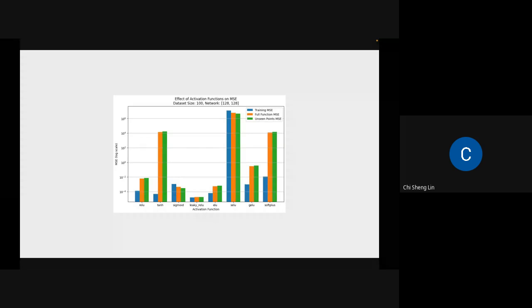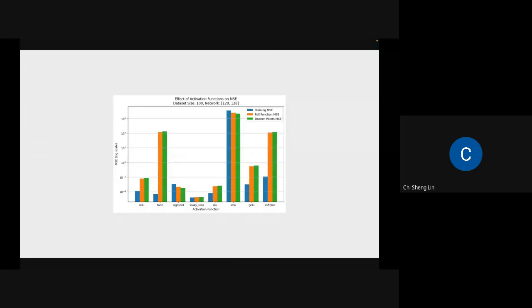And others are catastrophic failures, like tanh, the hyperbolic tangent. Its training MSE is very low, but generalization is terrible. So it's not suitable for this deep network job. The hyperbolic tangent saturates, leading to severe gradient issues.